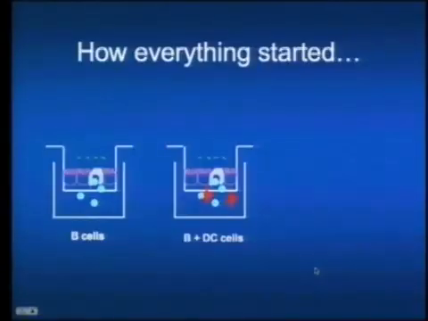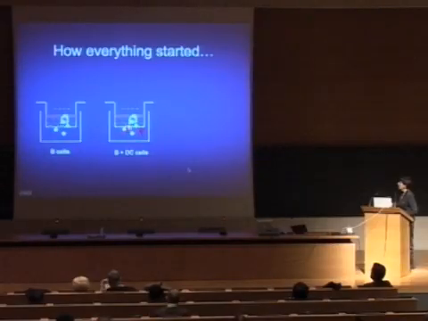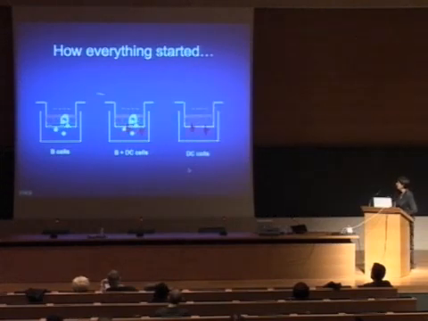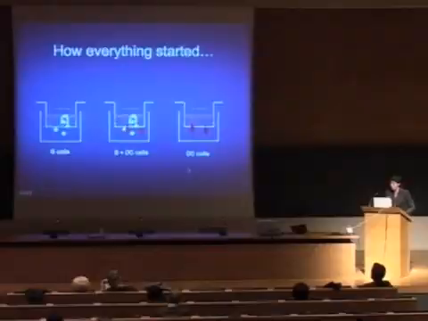So we wanted to know what was happening when we also added a second player, which was the dendritic cells, because as I told you, they are present in the Peyer's patches, and they are very close to the M cells. So we wondered whether the dendritic cells would also participate in this transformation. And so we just looked at the interaction between dendritic cells and epithelial cells in the presence or absence of bacteria.